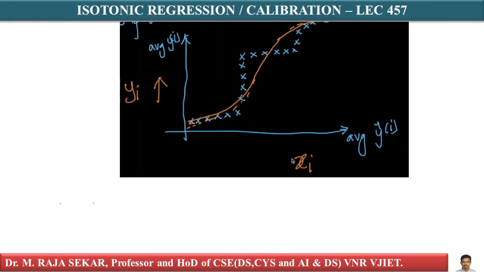You are trying to find a function that maps from xi's to yi's, because your calibration data, as we have seen, contains y cap of i comma yi.